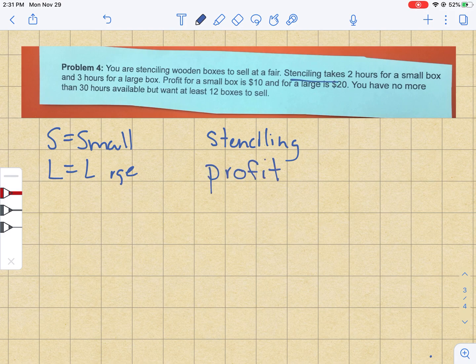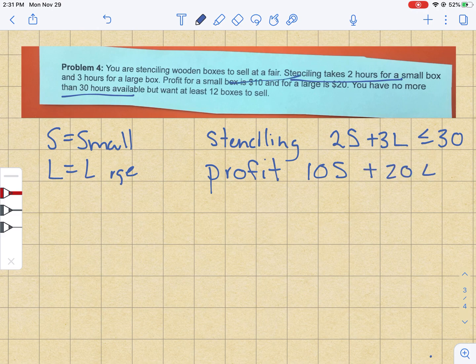So stenciling takes 2 hours for the small box, 3 hours for the large box, and you have no more than 30 hours available. And let's see, profit is 10 for a small box, 20 for a large. And we want to sell at least 12 boxes. So that just means our small plus our large has to be greater than or equal to 12.